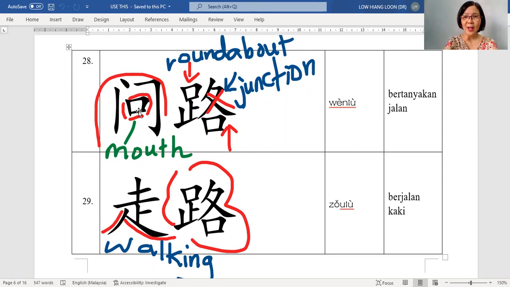So here this is 问路, tanyakan jalan, ask for direction. Sometimes we get lost. And then the GPS, or we cannot get the direction, the help from our handphone, so we need to ask people. But for a boy, they feel so difficult to ask.